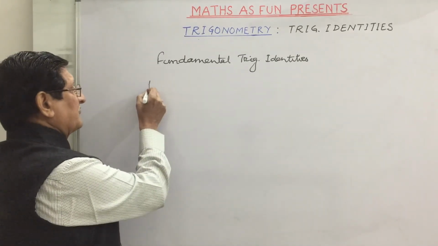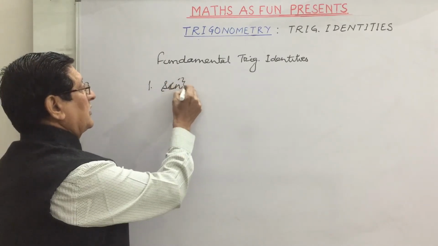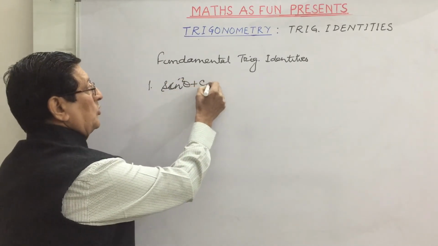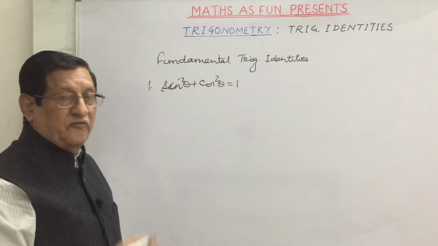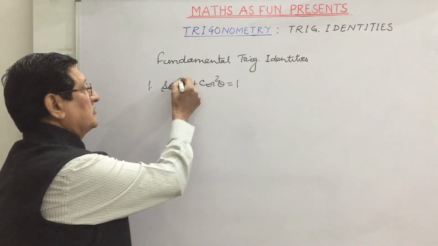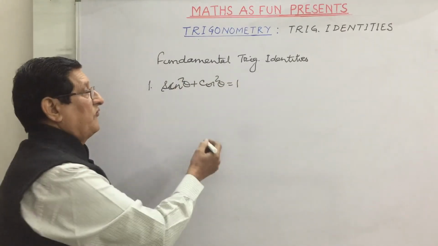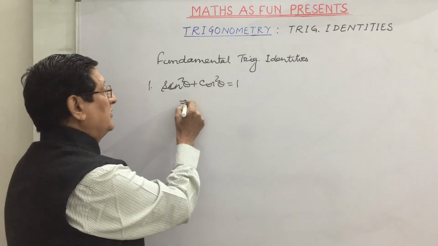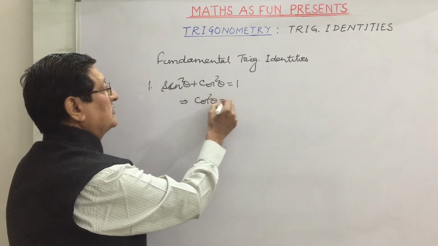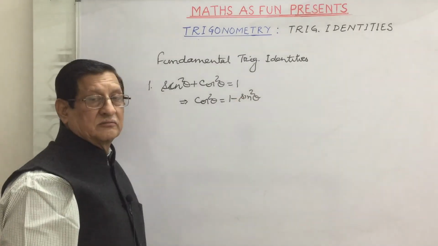The first identity we have taken is sine square theta plus cos square theta equal to 1. If we use the transposition of the terms from left to right, when we transpose sine square theta onto that side, this gives you cos square theta equal to 1 minus sine square theta.